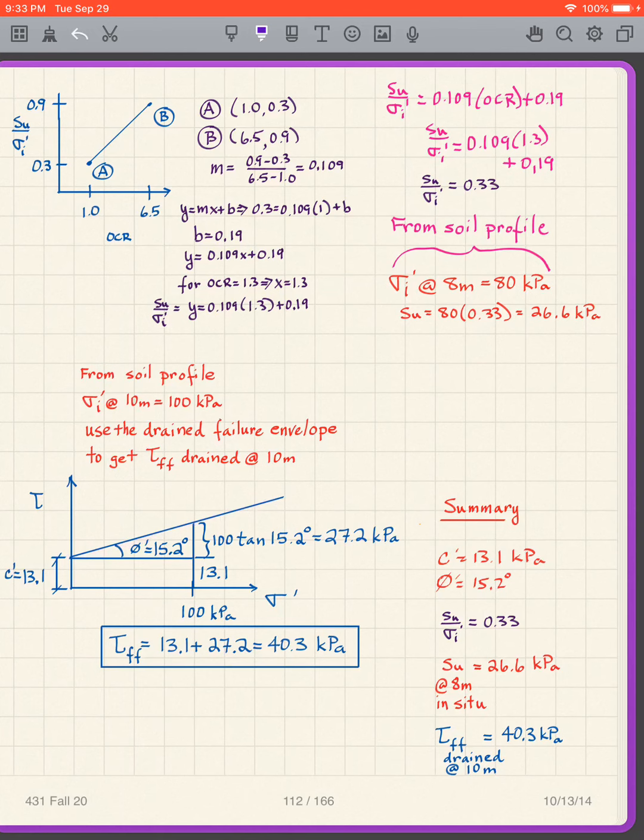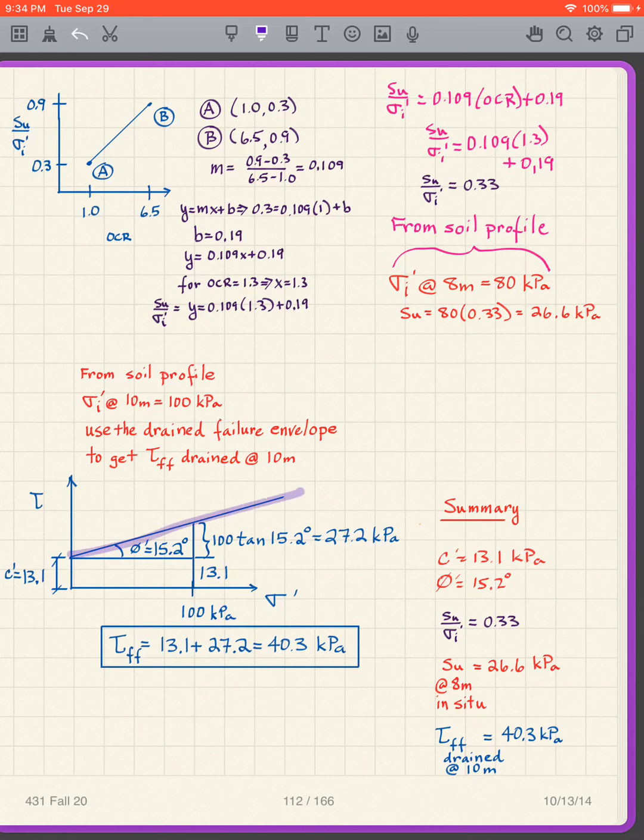This is the way to do this: I know my C prime, I know my phi prime, and this is simple. My sigma prime is 100 kilopascals, so I use that value. And I just want to know what is the y coordinate here. So the x coordinate is 100. The y coordinate is simply, so what do I draw here?